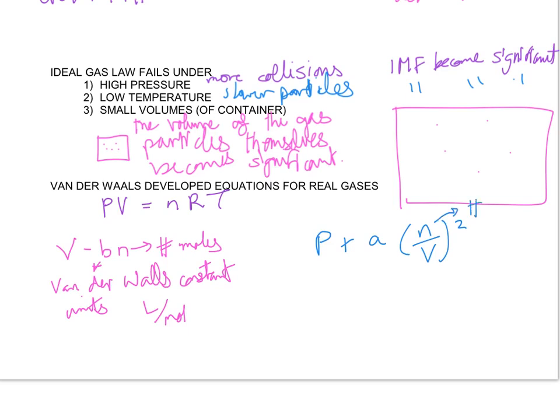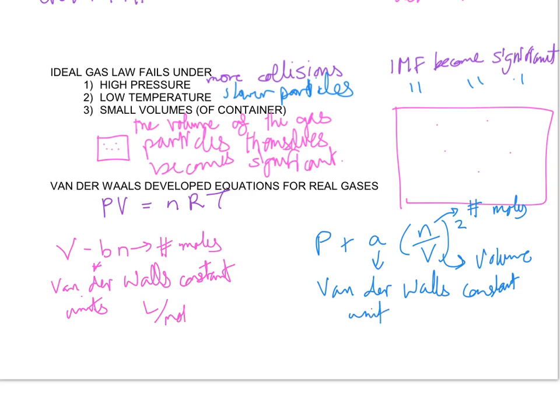N is the number of moles, like always. V is the volume of the container. And A is another van der Waals constant. And again, it depends on the type of gas it has.